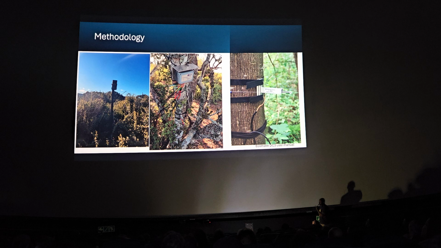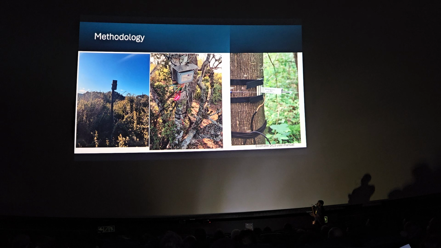So for the water use analysis, we're going to be using something called a dendrometer. You basically tie it around your stem, and it measures stem variation using voltage. This is just from the supplier of the dendrometer.